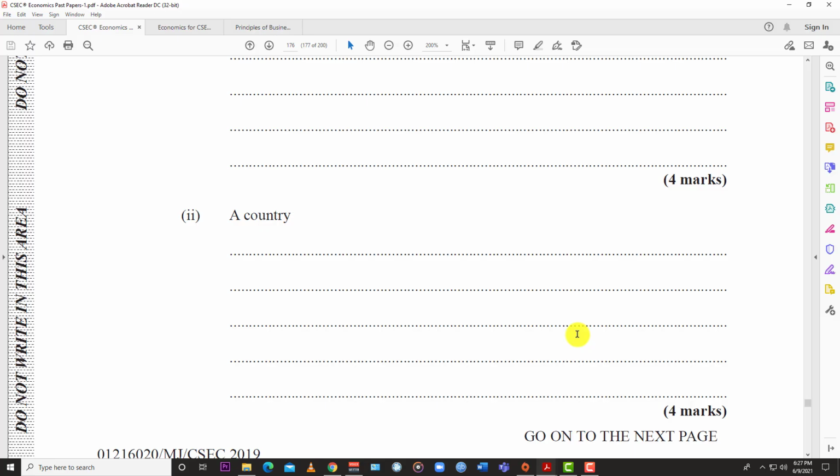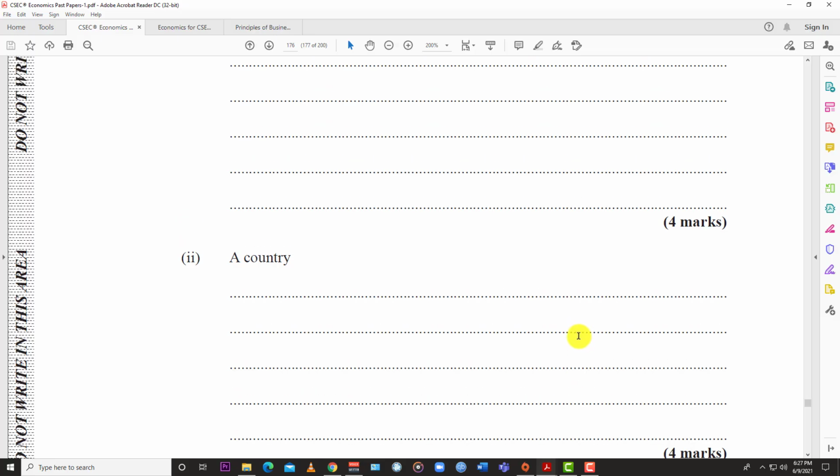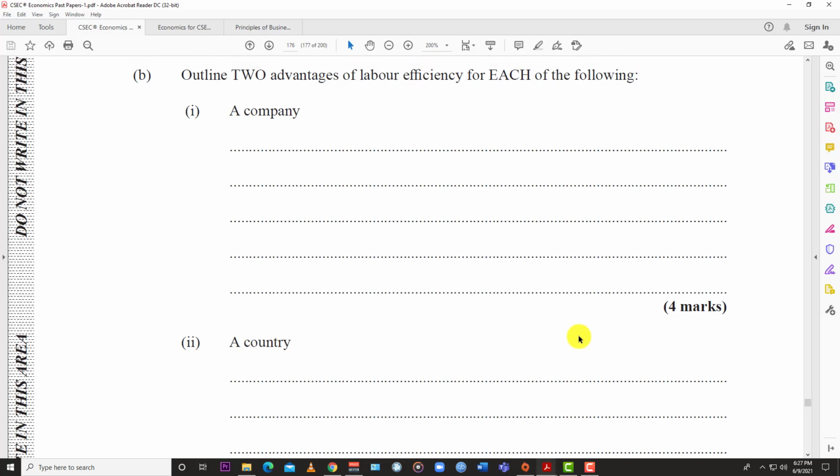And so your country would obtain a comparative advantage in producing certain goods because it has a more efficient workforce than other countries close to it. All right, so all those are benefits. You see, an efficient labor force can really lead to a lot in the overall economy. So that's that.